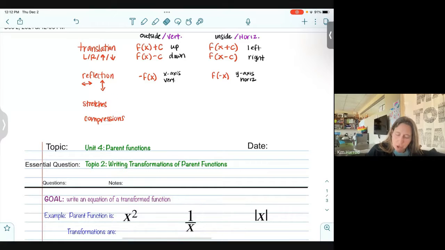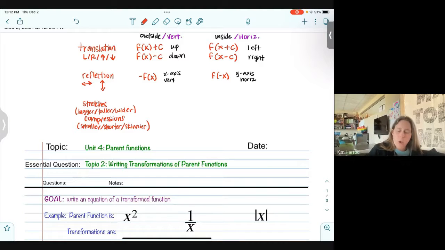I was going to say bigger, taller, or wider, depending on what kind of word syncs with you. But one thing I noticed yesterday when doing the pair deck is some of us were having trouble with picking the word stretch or the word compression. So I want to add that to our notes today. And a compression is when something gets smaller, or maybe shorter, or maybe you like the word skinnier.